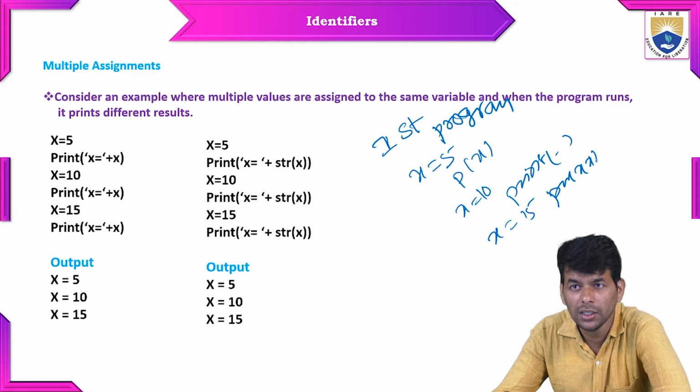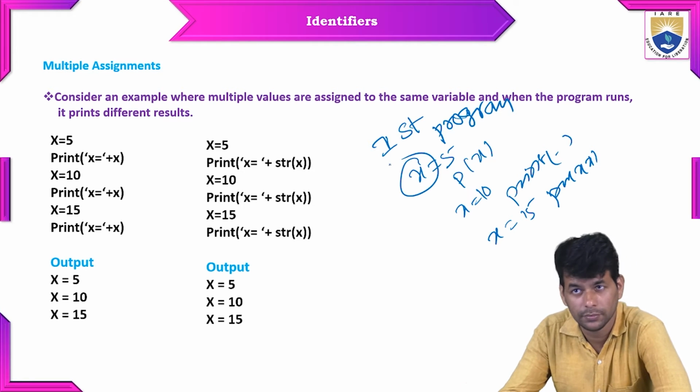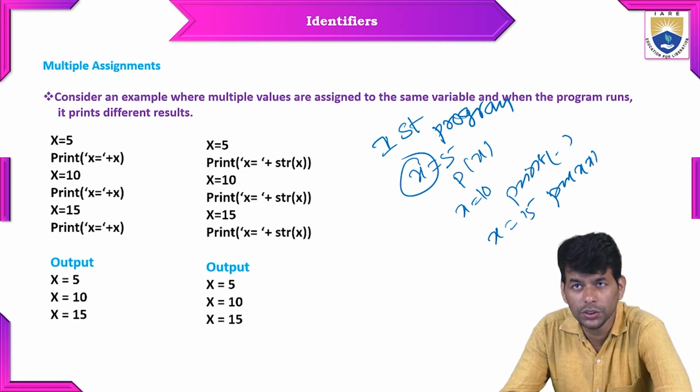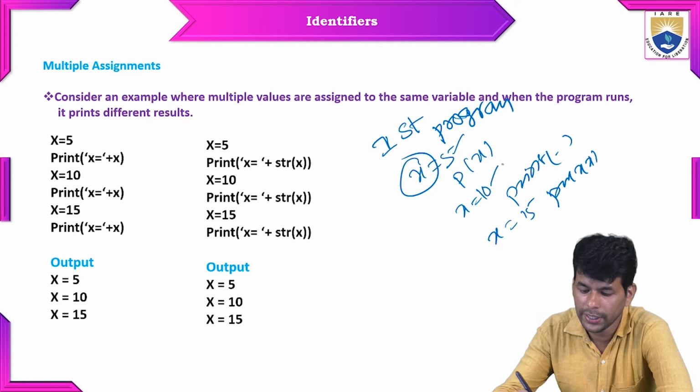So we are using a single identifier, X. In the first program, we have only one variable, and by using this one variable we are storing 5, 10, 15.